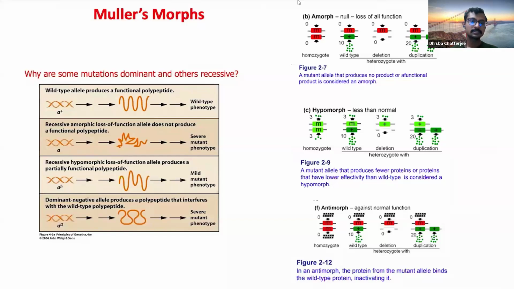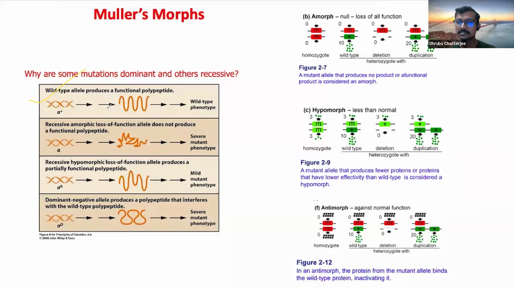Now let's look at why one particular allele is dominant and another is recessive. Basically, alleles are variants of the same gene. What are variants? Variants mean mutations, right? Changes in the nucleotide sequence. That is the only thing giving rise to variants. The wild type allele is the allele which encodes one particular gene product.